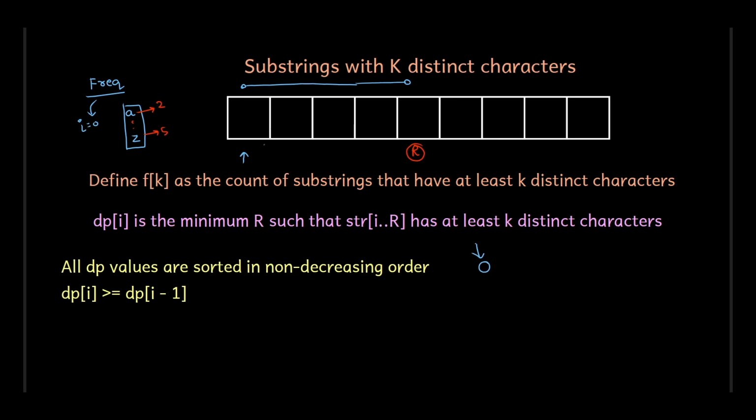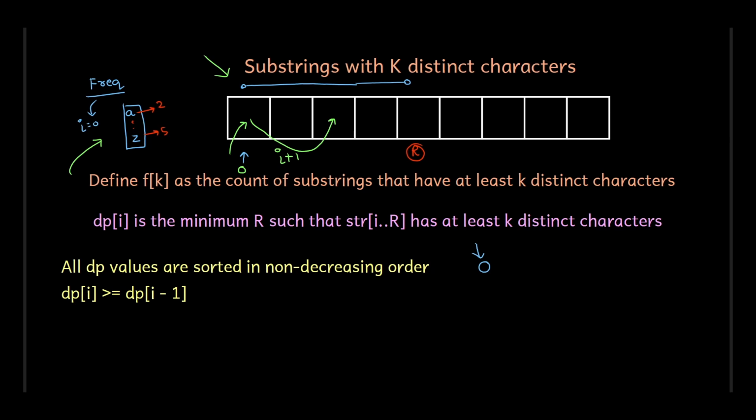But now notice that when you have done all of this expensive work, you don't have to throw away the frequency map that you have created for this window. Why? Because this window can only shrink from here. When you start your journey at I plus 1, you will not get the benefit of the character that was residing over here, but another copy of that character could already be present in this window.